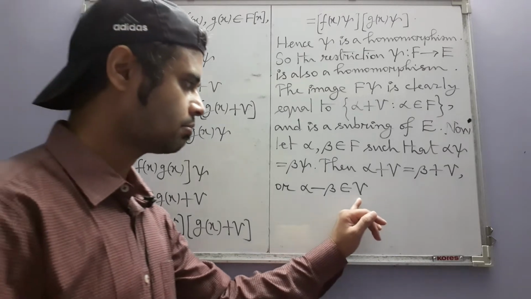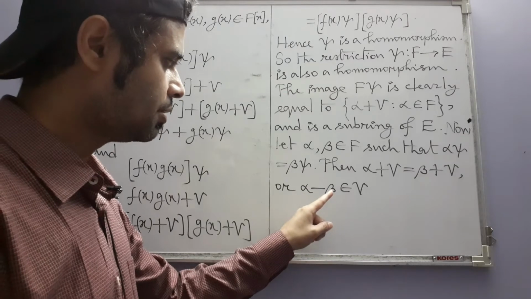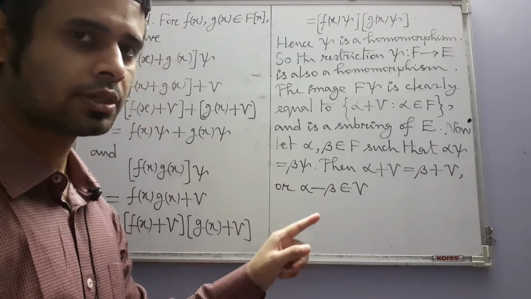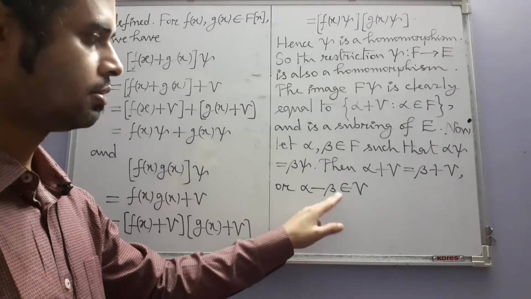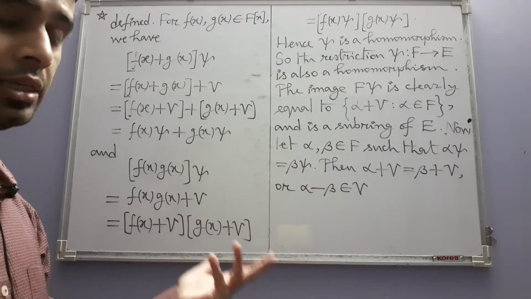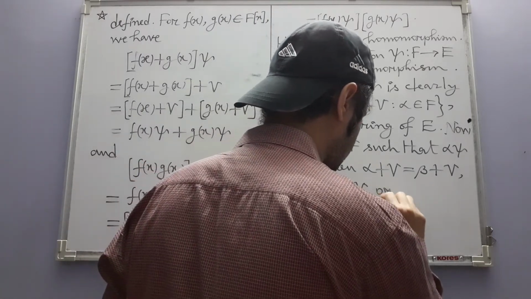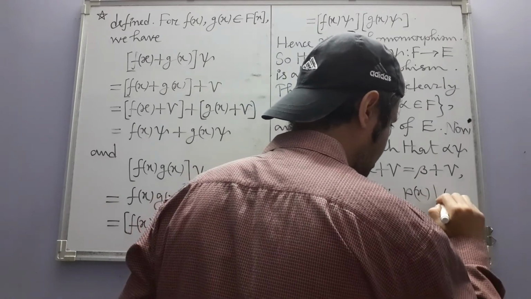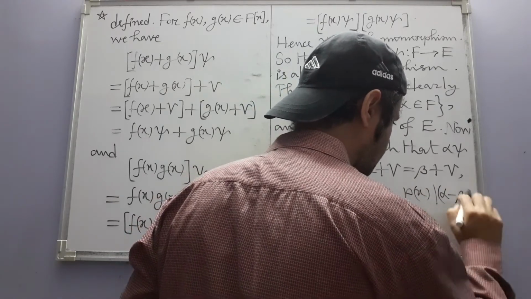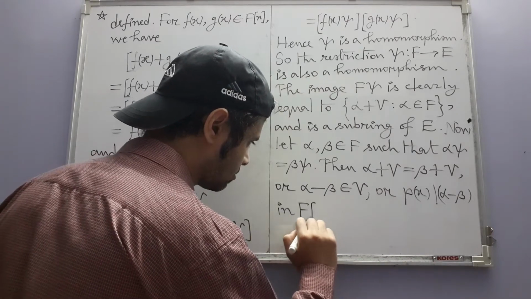Because V is the principal ideal generated by the polynomial p of x, this means the polynomial p of x divides this constant field element in the polynomial ring F[x], or p of x divides alpha minus beta in F[x].